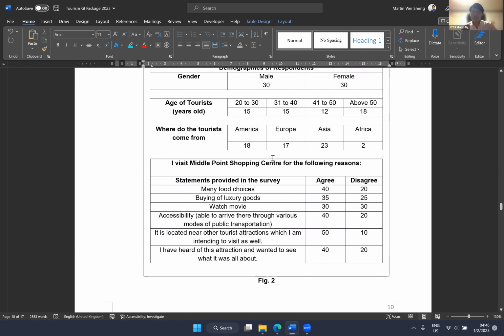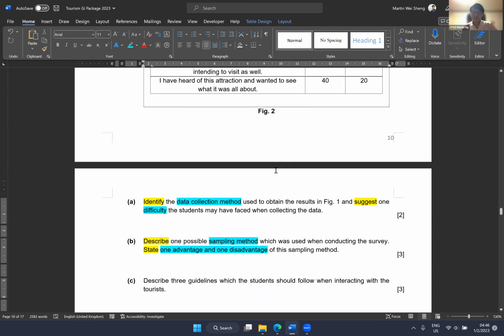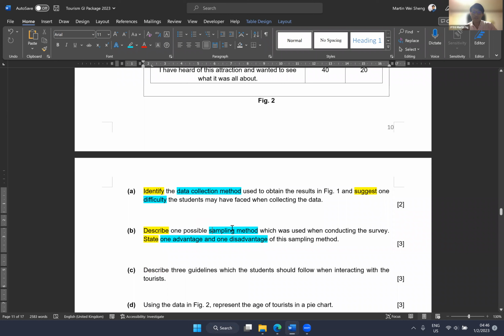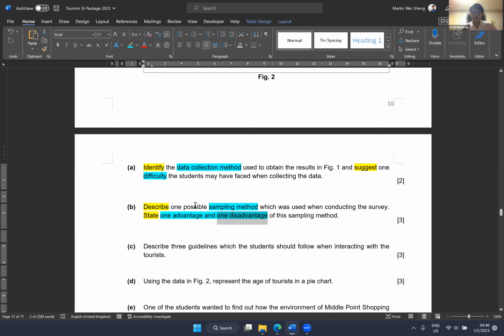Okay, so you have to consider which kind of sampling method would result in these numbers being unequal. All right, then after you have the sampling method, you have to recall, okay, what are some possible advantages of using that method? Okay, why would the student want to use that instead? For example, is it more convenient? Is it time saving? All right, and what is one disadvantage of using that method? Okay, so total 1 point, 1 point, 1 point, total 3 points, 3 marks.